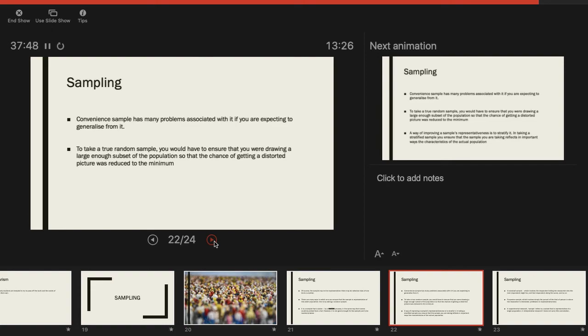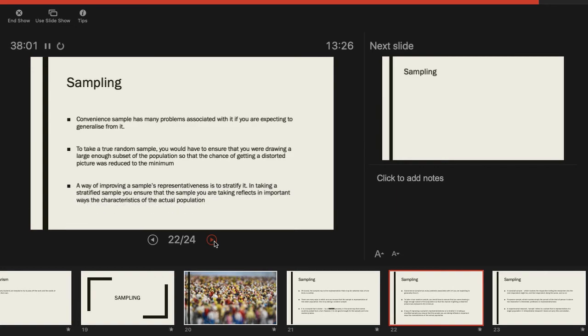So already you can see that your study would not conform to an experimental paradigm. It's more of an interpretivist paradigm where you won't be generalizing your findings. So a way of improving a sample's representativeness is to stratify it, and by taking a stratified sample, you ensure that the sample you are taking reflects in important ways the characteristics of an actual population.